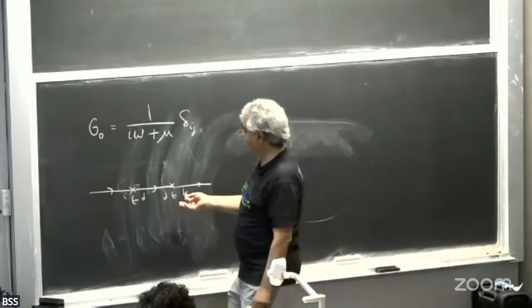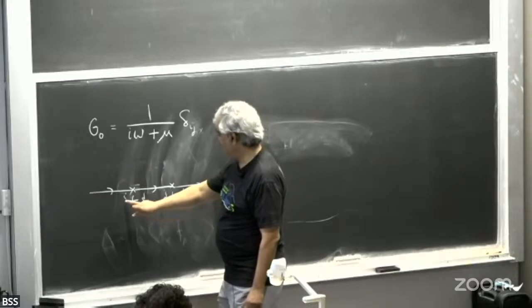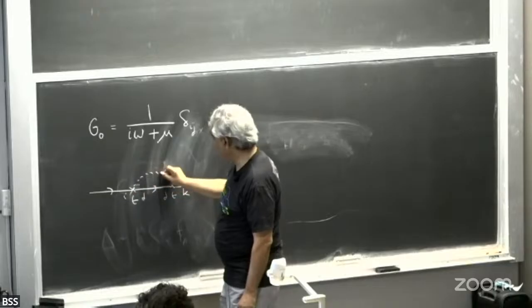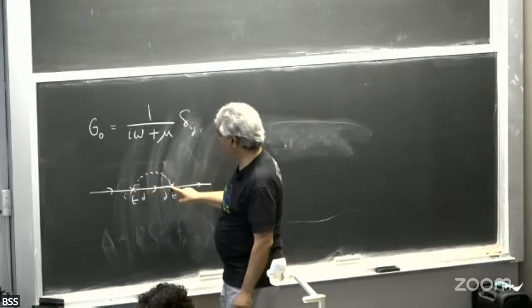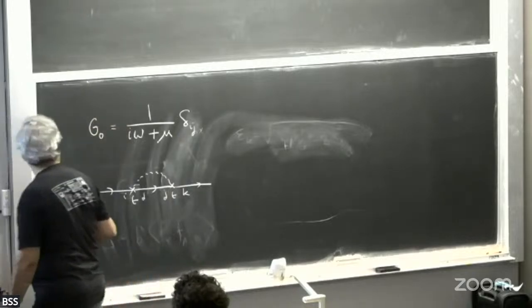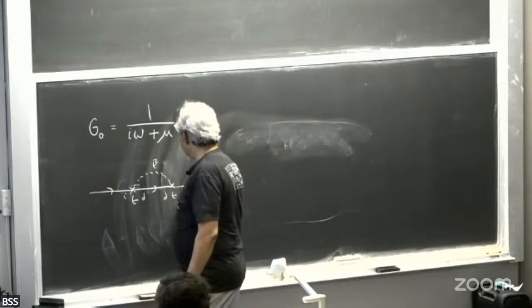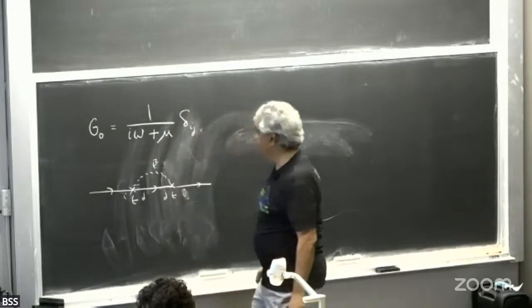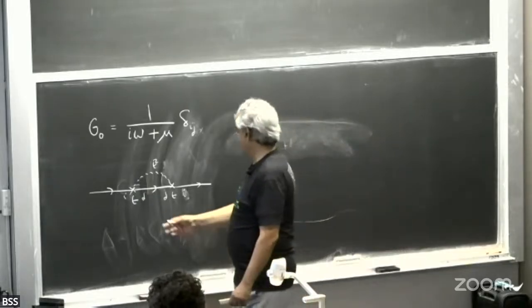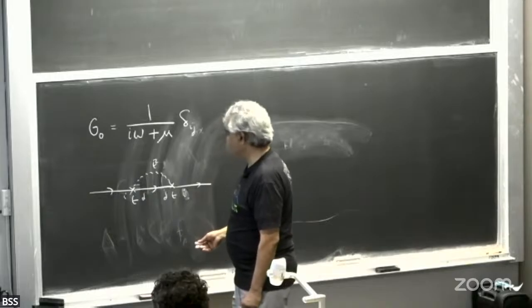So the only way you're going to get something non-zero is if i is equal to k. So the way you draw that is you connect them up. So this means there's a factor of t squared that's going to come. You're taking the average. You put a t squared here, and then this becomes an i, because the different sites are uncorrelated. So that's the only graph that appears at second order.